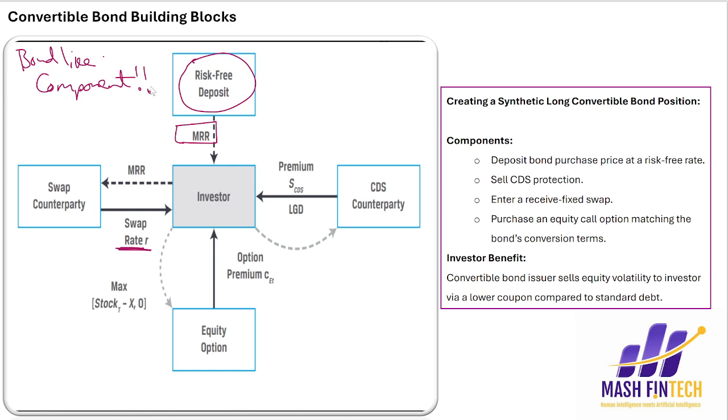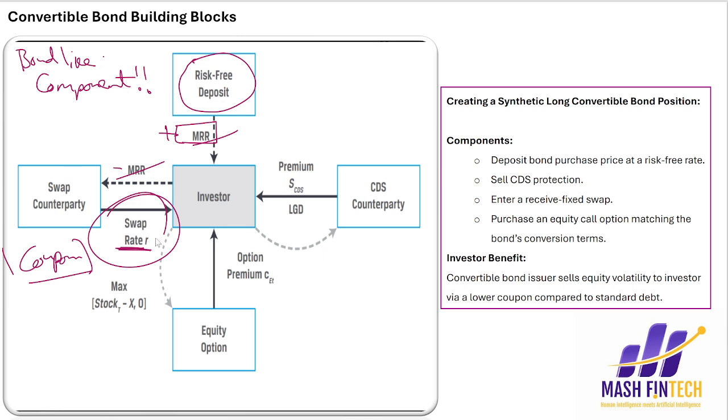What it basically means is that this amount is coming to the investor, but the same amount immediately goes out to the swap counterparty, the negative, which means this and this cancel out. But because you entered into a receive fixed, you receive this fixed amount. So this is sort of like your coupon payment on a bond. So you've mimicked a bond, you have a bond-like component.